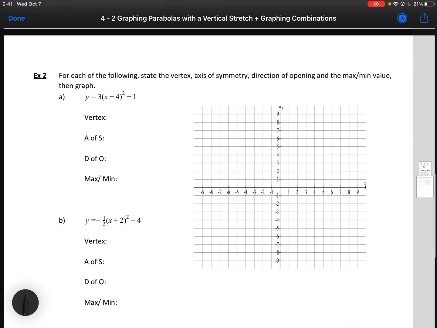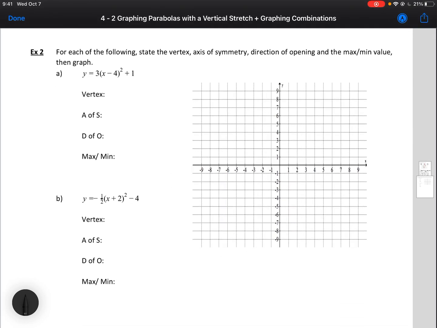So let's look at a couple of examples that are combining all the transformations that we've done so far. For each of the following, we're going to state the characteristics and then we're going to graph. So looking here at our first example, y equals 3 times x minus 4 squared plus 1. We're going to state the vertex, which is our horizontal shift, and then our vertical shift.